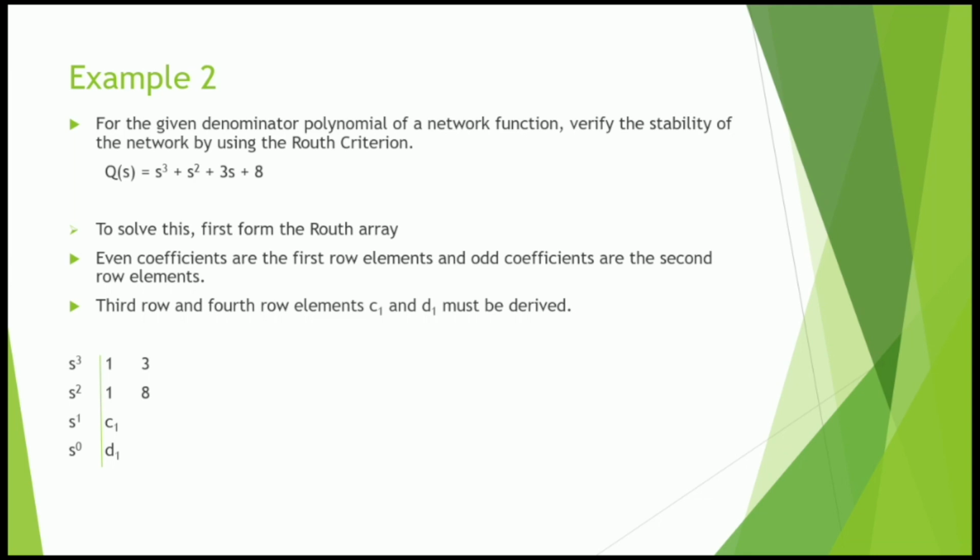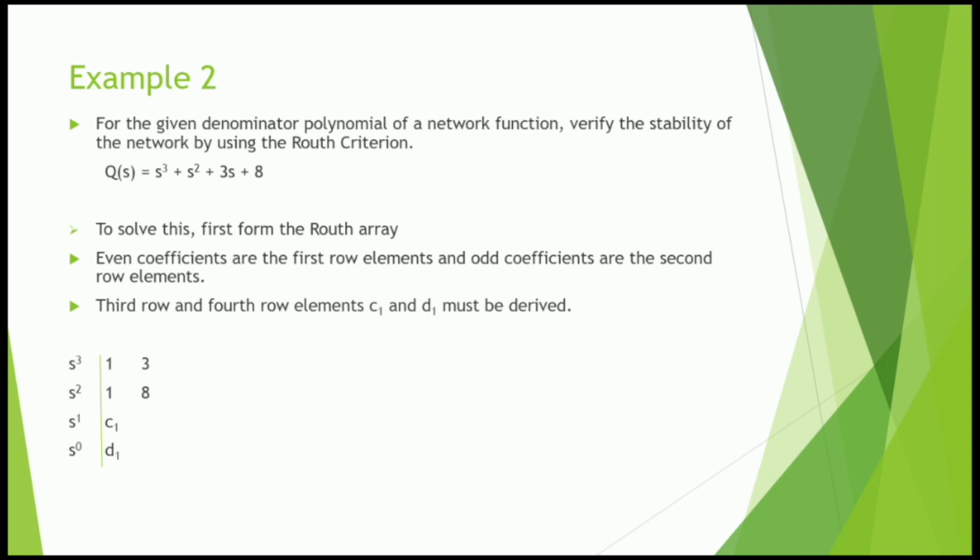For that, we take the even coefficients of the polynomial as the first row elements. In this case, the even coefficients are 1 and 3, and the odd coefficients are 1 and 8. And these odd coefficients are the second row elements. The third and fourth row elements are C1 and D1 respectively.